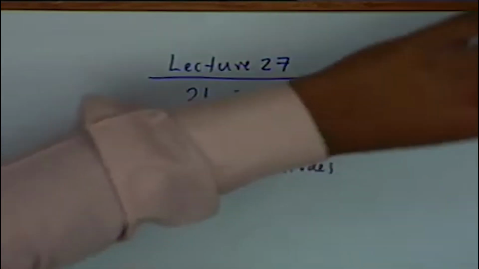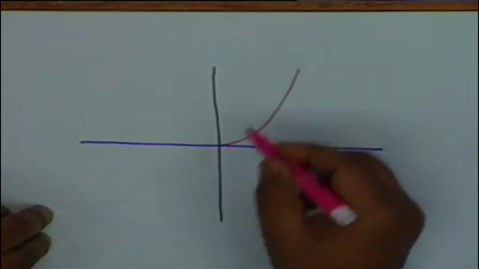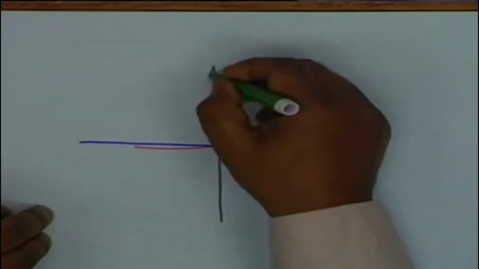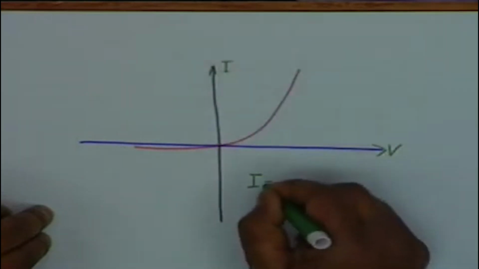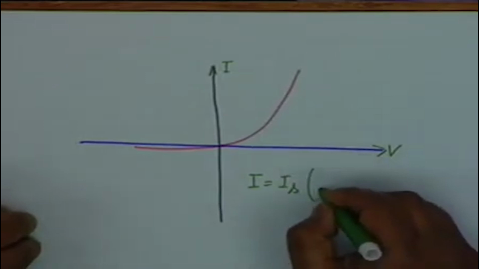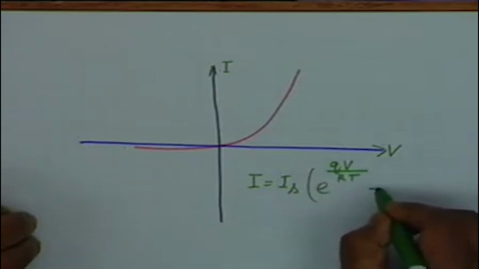In the last lecture, we had commented that a normal diode which is not allowed to go into the breakdown region, that means if we confine our attention to this region, then the equation to the curve, if this is I and this is V, is represented by I equal to Is e to the power qV divided by kT minus 1.